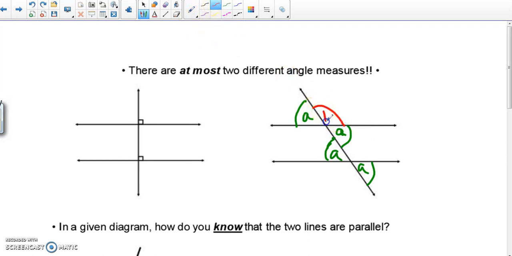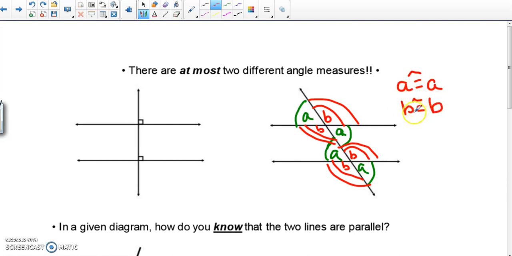That leaves all the other angles as angle B's. Those are vertical angles, and those are a different angle measure. Those are B's, right here angle B, right here angle B. So now in our picture we have a whole bunch of A's and a whole bunch of B's. All the angle A's are congruent.